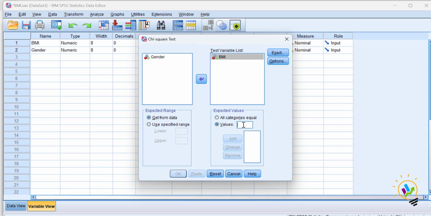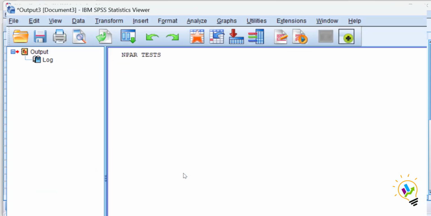Normal weight is 0.28, click add, next overweight is 0.32, click add, and obese is 0.40, add it. This is in sequential form. We have given 1 for normal weight, 2 for overweight and 3 for obese. So the same sequence you must also follow when mentioning the expected values. After doing this, simply click OK.